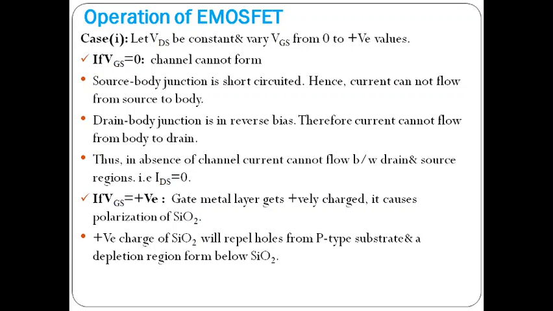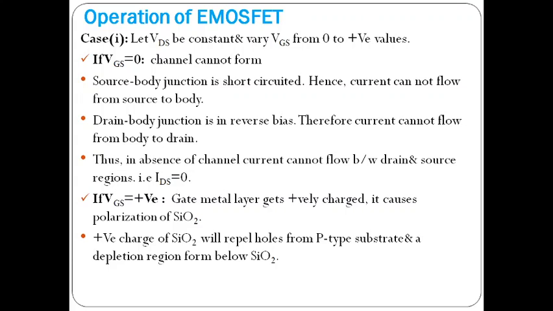The negative charge and the positive charge are separated in the silicon dioxide material. More positive charge on the gate attracts the negative charge in the silicon dioxide layer and repels the positive charge in it. So negative charge moves upwards in the silicon dioxide layer and positive charge moves downwards.